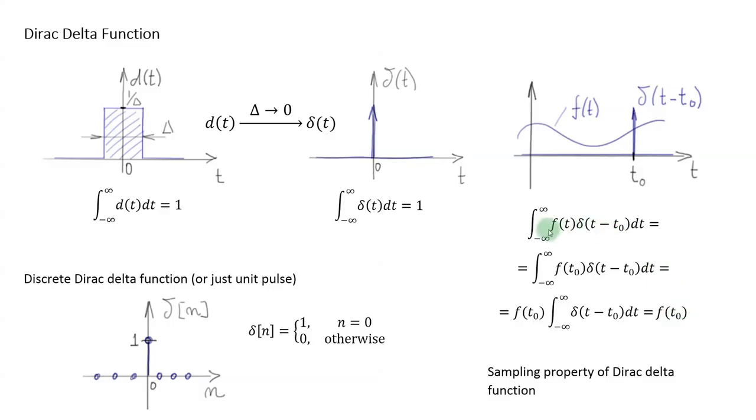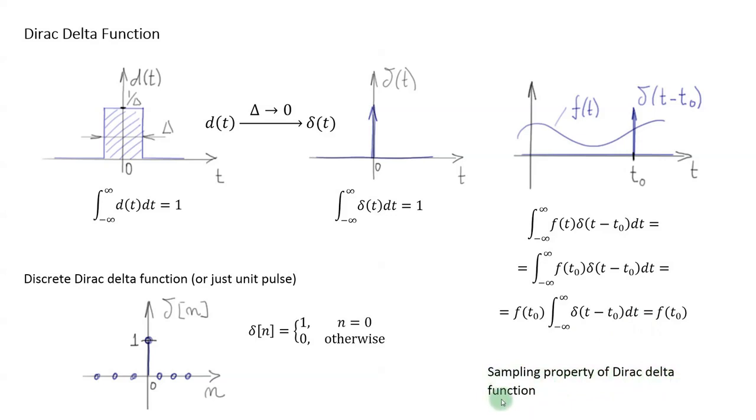So when I take a function and multiply it with a Dirac delta pulse time shifted to time t0 and I take this integral, what I will get is the value of the function at time t0. So basically this expression will sample my function at time t0. Thus, this property of the Dirac delta function is called the sampling property of the Dirac delta function.